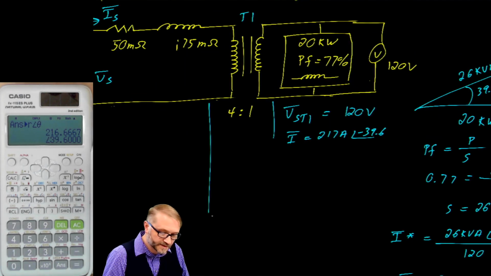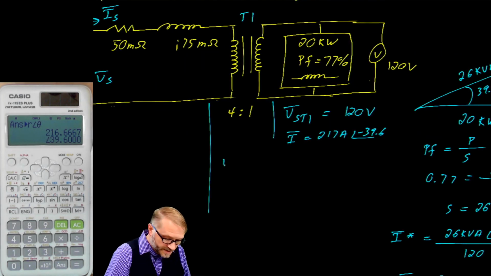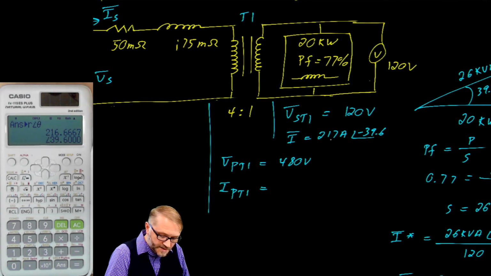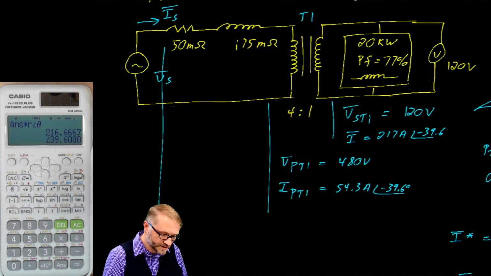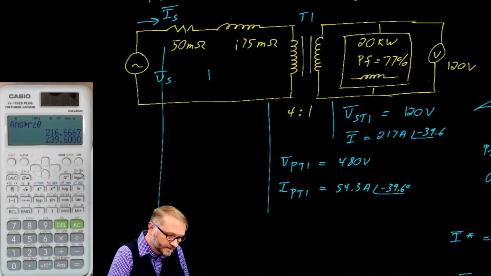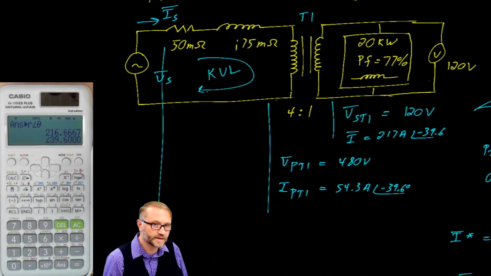Next, we reflect those values through the transformer. So the voltage on the primary of T1 is 120 times 4. And the current on the primary of T1 is this current divided by 4. That brings us to the source. And we have to use Kirchhoff's voltage law to describe the summation of all the voltages in this loop.